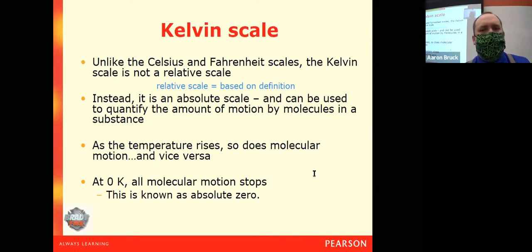On the Kelvin scale, a 0 value means 0 energy. It means that the molecules literally stop moving. Assuming all else equal, we can use those differences accordingly. So the difference between 15 Kelvin and 30 Kelvin, well, that is a doubling of energy. And 30 Kelvin to 60 Kelvin, that's a doubling of energy as well.